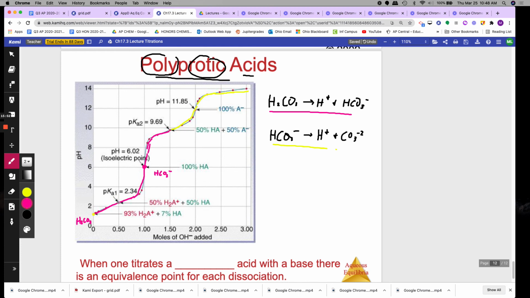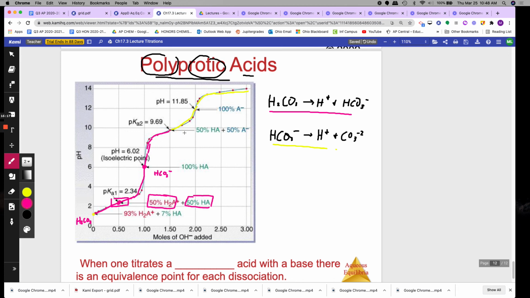In between here, when you are halfway titrating, you have half and half. You're going to have half H2CO3 at this point. This is very important. You're going to have half H2CO3 and half HCO3 minus. So this is called the buffer region.